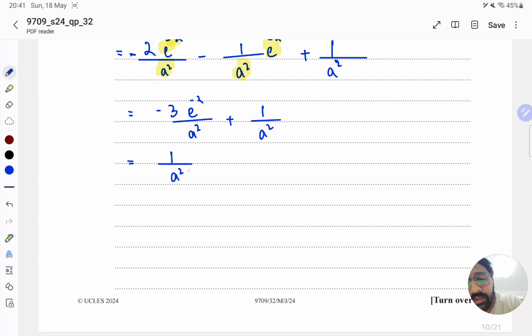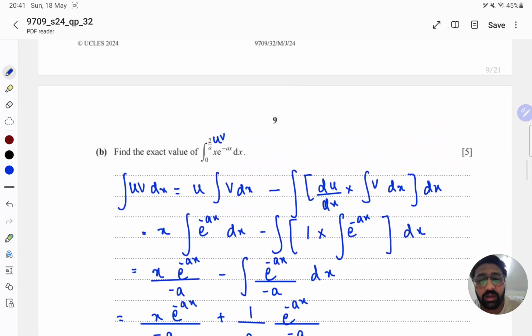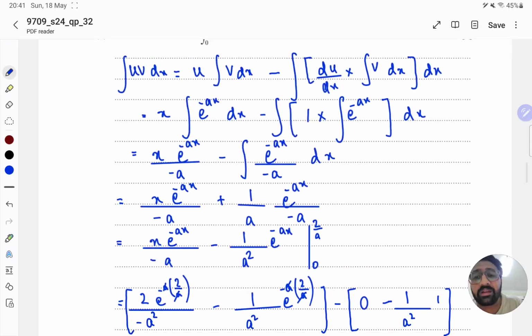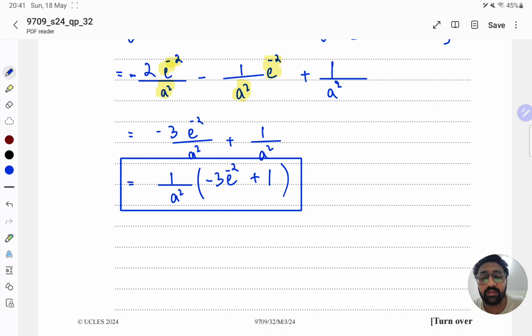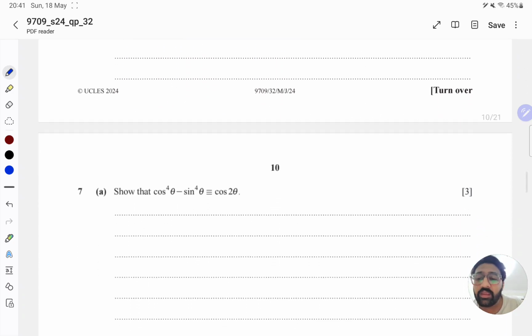I can take it out as common, and inside I'll be left with minus 3 e raised to the power of minus 2 plus 1. So yes, that's the final answer, because we were supposed to give the final answer in the exact form. So there is no further simplification we can do.